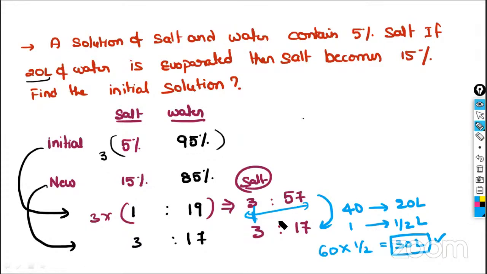The 40 parts is equal to 20 liters. One part is equal to half liter. Then initially total how many parts are there? 60 parts are there. That means how much? 30 liters. 60 into half, 30 liters. So answer is what? 30 liters. Is everyone clear?